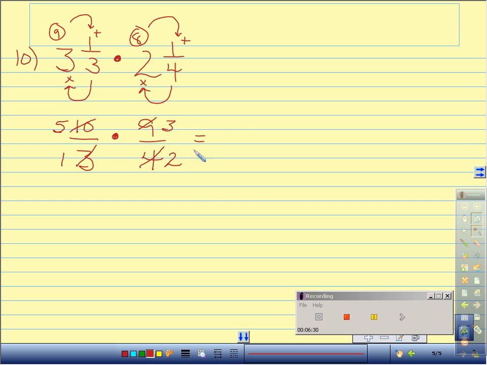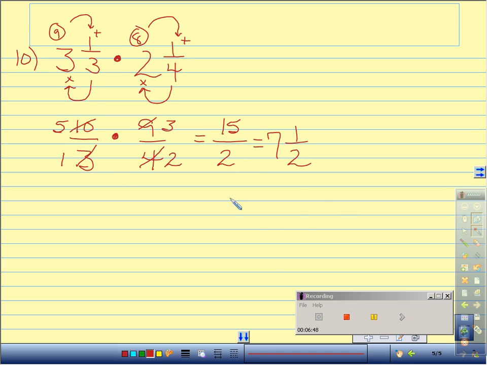Now I can multiply straight across. 5 times 3 is 15. 1 times 2 is 2. Again, should be able to divide. 2 goes into 15 7 times, which is 14, so that leaves 1 left over, and our denominator stays the same. Okay? You also had 19 through 21.